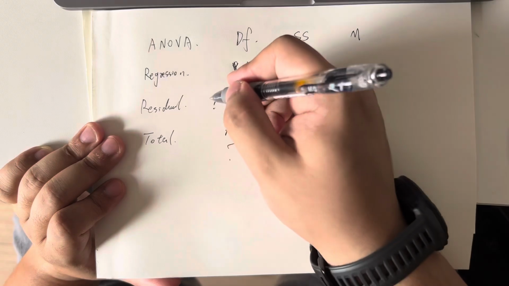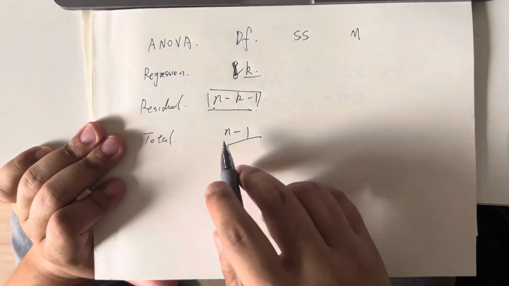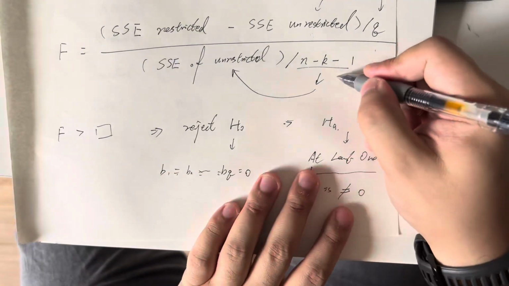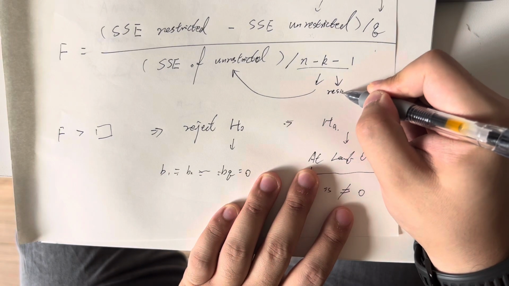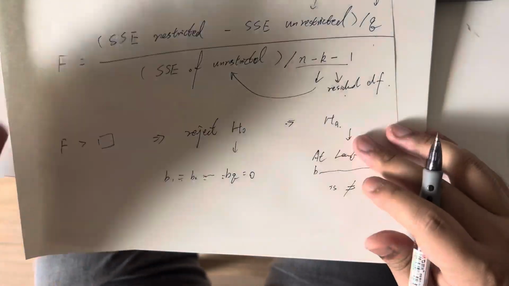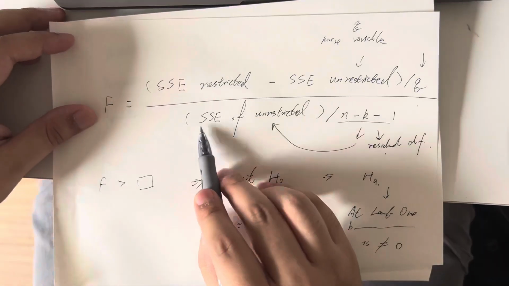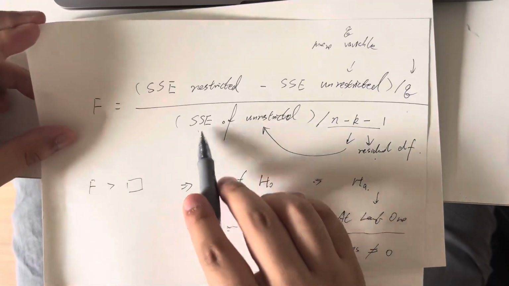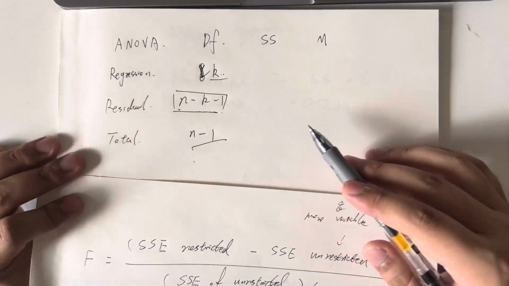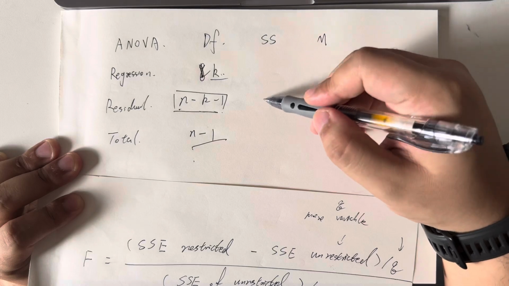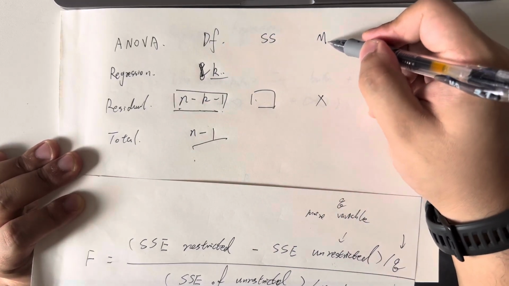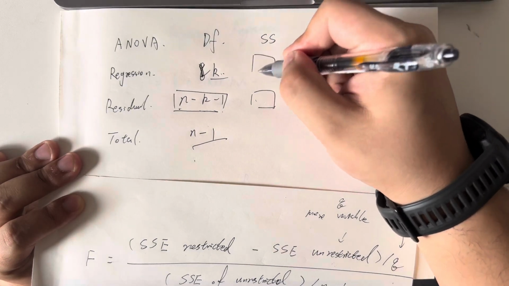So n minus k minus 1 will be the residual degree of freedom. If you look back here, this will be the residual degree of freedom, df. If you're calculating the sum of squares of error, the residual, remember you should use the sum of squares, not the mean sum of squares.